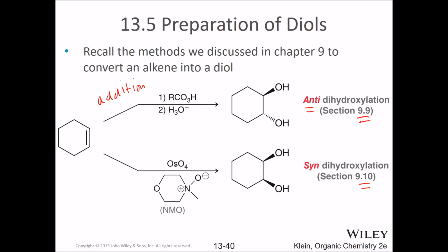And here's another one, osmium tetroxide in NMO, which is, I wrote the name down. What a booger name. It's N-methylmorpholine, something like that, N-oxide. You can just say NMO. Another reagent, co-oxidant that osmium tetroxide goes with sometimes is tert-butyl hydroperoxide.